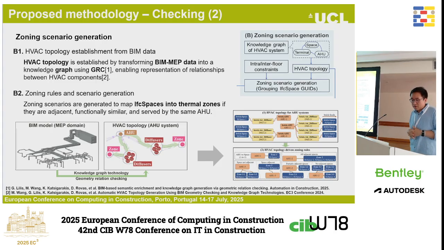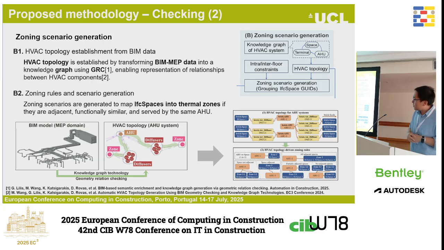In short, we use knowledge graph technology, and another tool we developed, the GRC, Geometric Relation Checker, to enforce the connectivity between each HVAC component. Via this work, we get a digital representation of the relationships between the HVAC components, aimed at mirroring the real-world HVAC system.